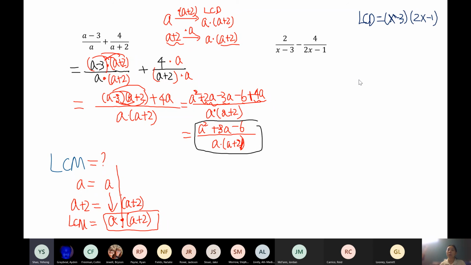Okay, if you have trouble seeing it, you can still do the same way down here. So you want to break down x minus 3, which we can't. So x minus 3 is going to be itself. And 2x minus 1, we cannot break down any further either. So you will just bring down, create a new column for that. So 2x minus 1 is considered as a factor of itself, because of course 2x minus 1 goes into 2x minus 1.